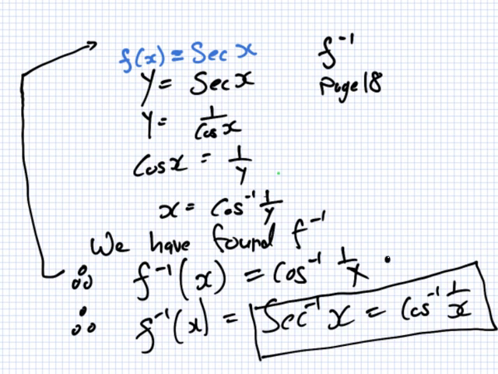The second last. You said cos inverse 1 over y. Well, this is 1 over x. That's how you find the inverse.